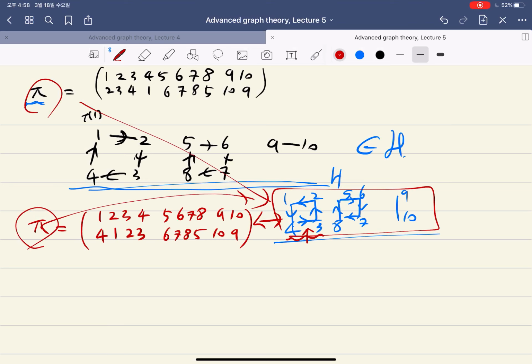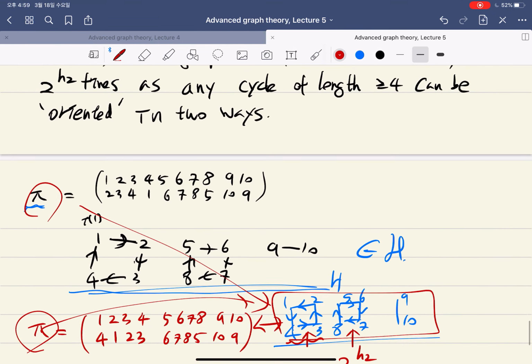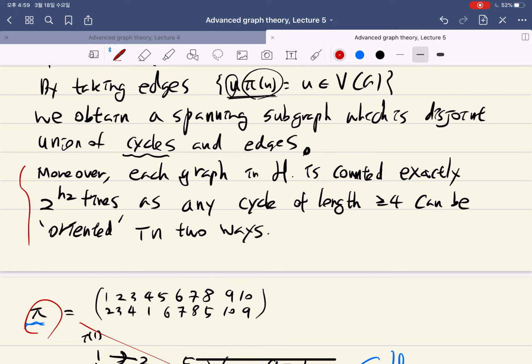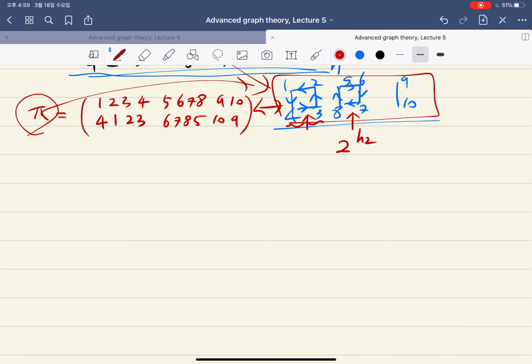There are two ways to orient each cycle, so 2 to the h, too many ways, and all of them are counted in this permanent, and maybe even more. So the square of the number of perfect matchings of G counts all the graphs in this curly H, and each graph is counted exactly 2 to the 2h times. And the permanent of A also counts them, and maybe even more if there is an odd cycle.